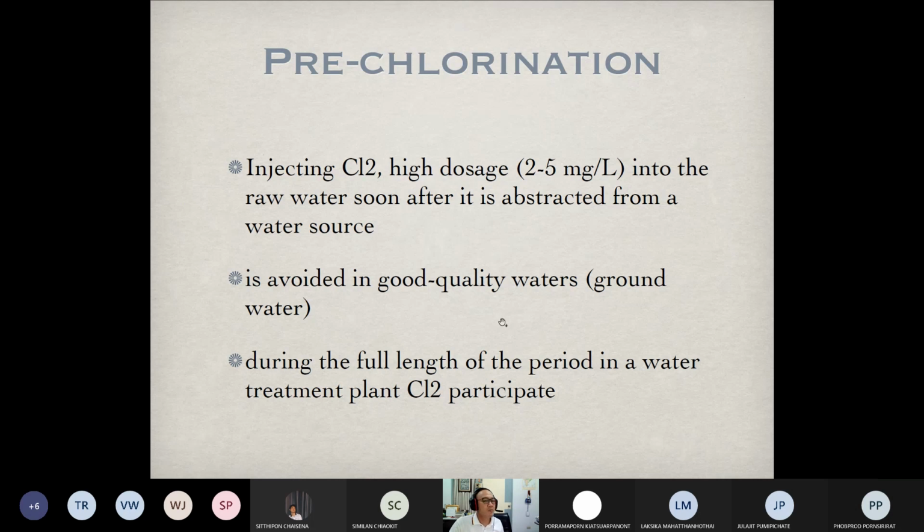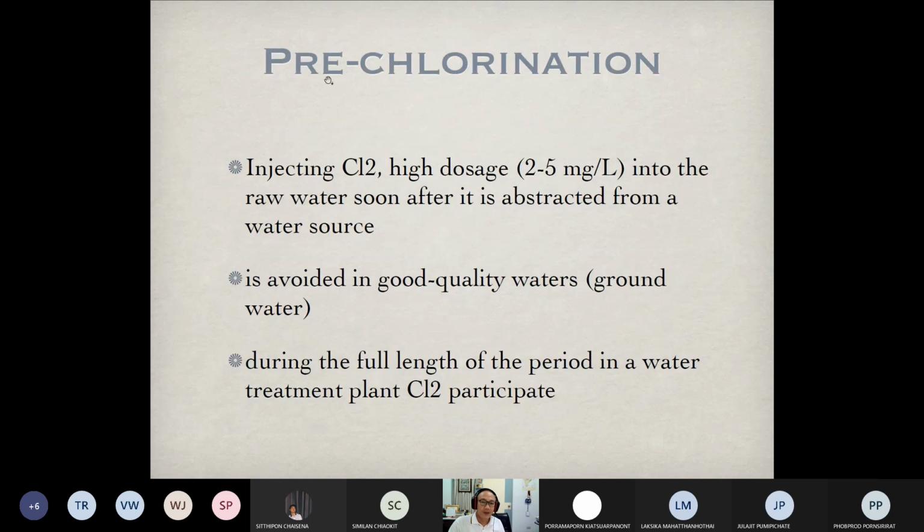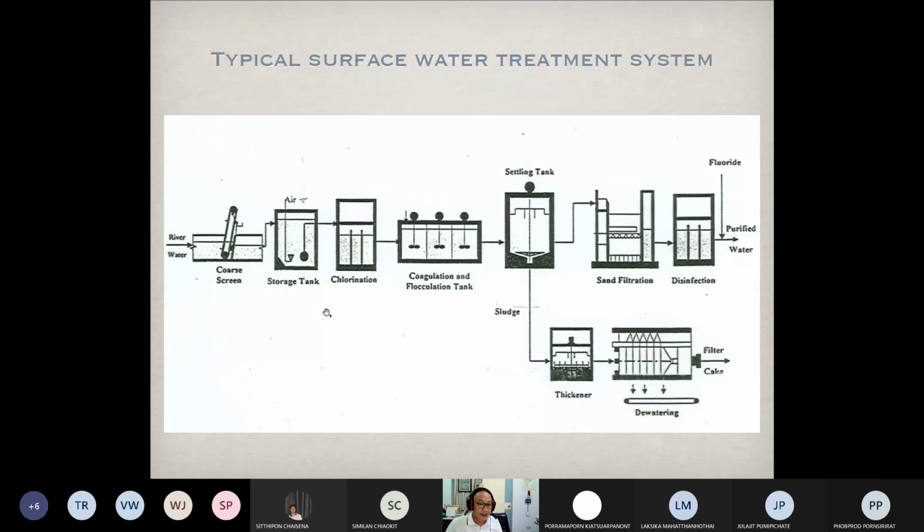Another process which may be required at the very beginning of the treatment is pre-chlorination. Chlorine may be applied in the very first process, or may be applied again in the disinfection.